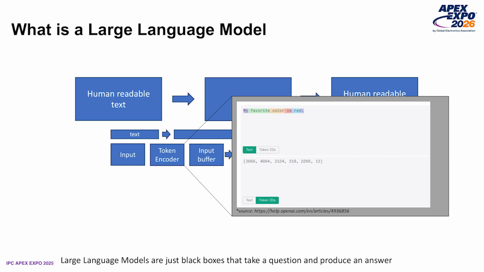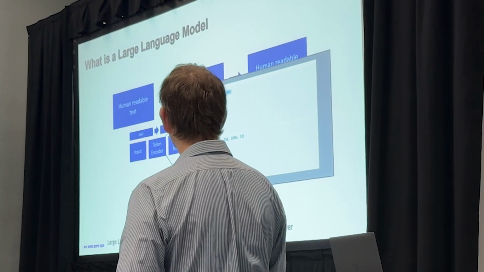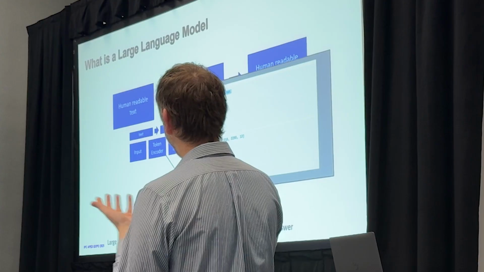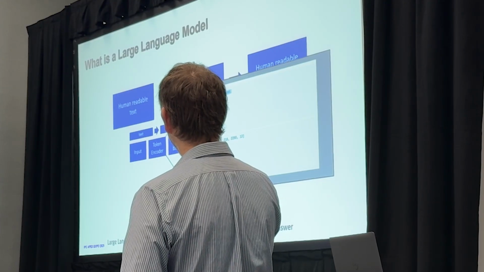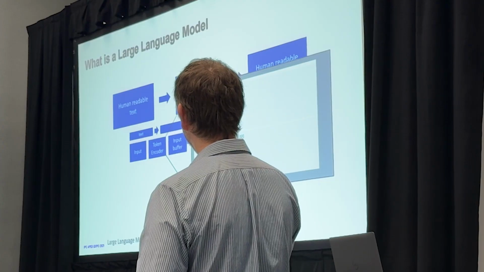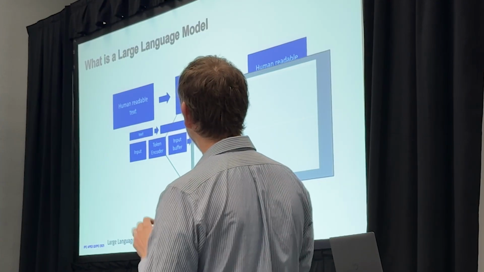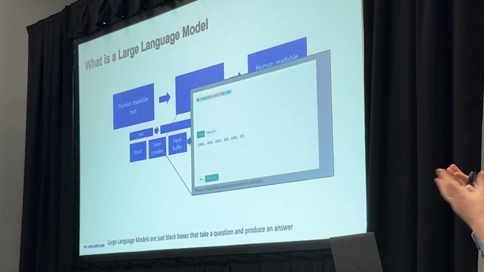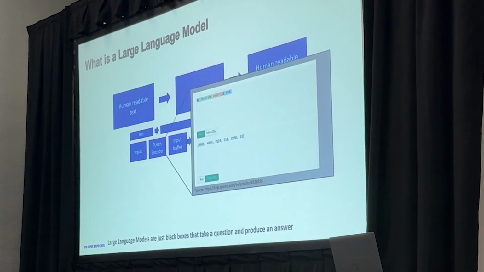And these little token coders, there's nothing magical about them, but each of the large language model providers decided which one to do. So here's an example of how OpenAI did it. The word "my" gets encoded to 3,656, space, "favorite", "color", "is", "red". So it's not necessarily a word per token, but it's similar-ish to that.